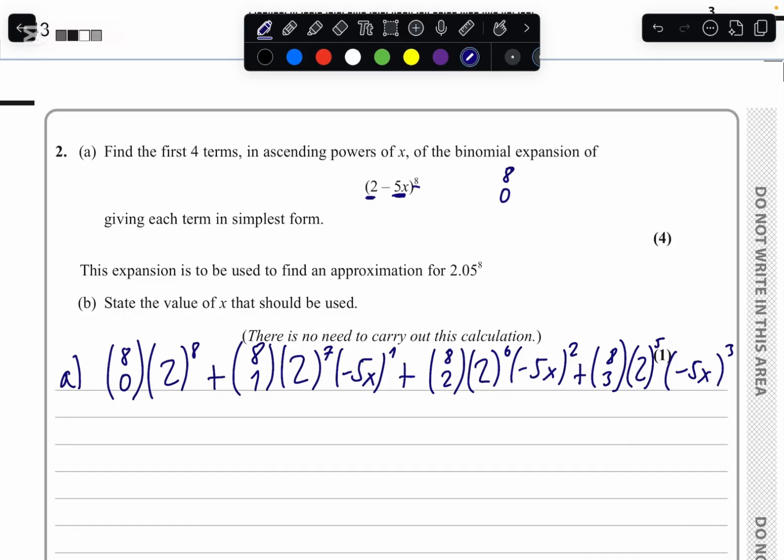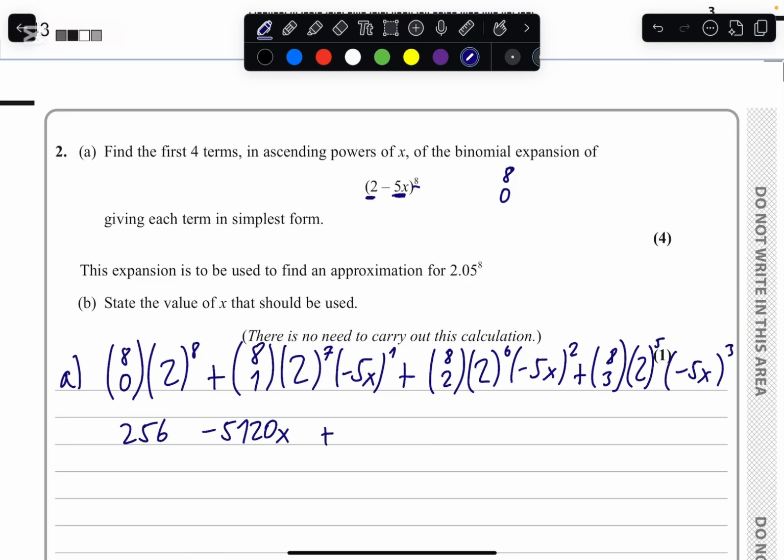You will add all that up. So the first term will be 256 plus, so this together is 1024 times minus 5 gives us minus 5120, and the x is to the power of 1, so it remains x.